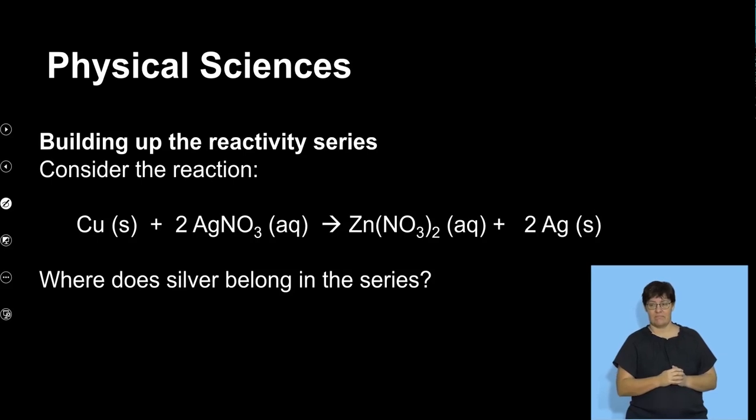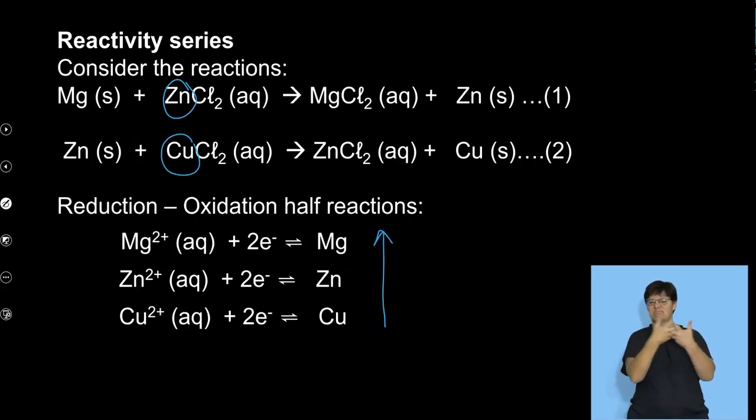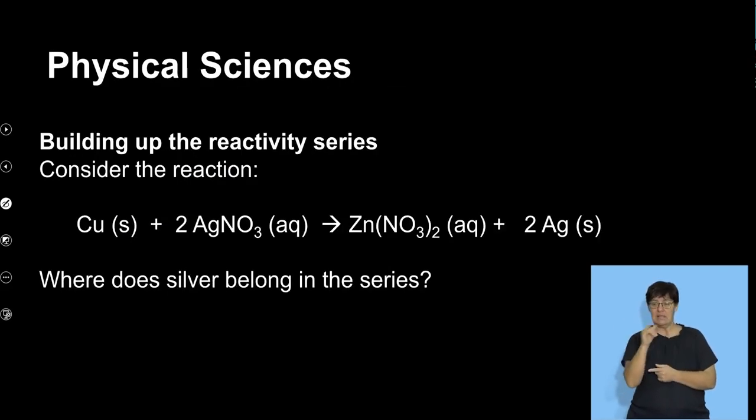And then we ask ourselves, where does silver belong in the reactivity series? So if we go back here, okay, you realize that magnesium can displace zinc, zinc can displace copper. Now, according to this reaction, copper can displace silver, okay, because now we have got zinc ions in solution. Now, we ask ourselves, where does silver belong?